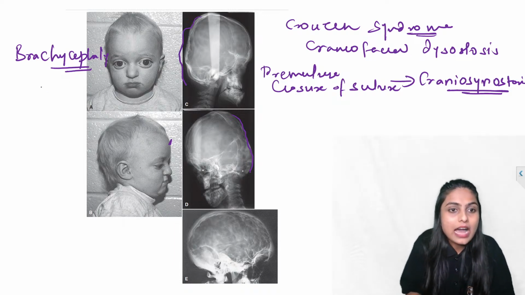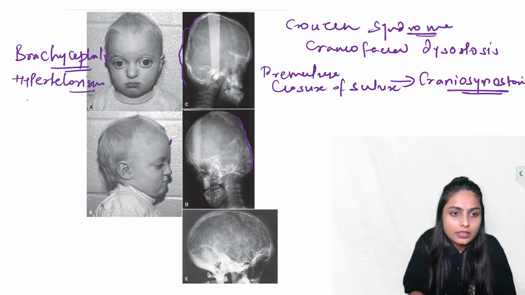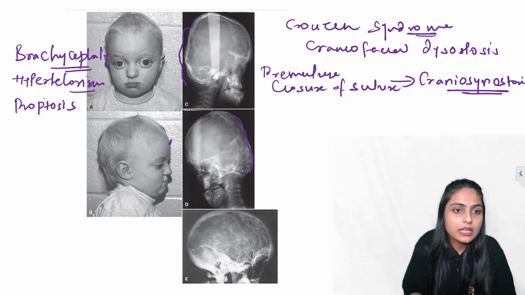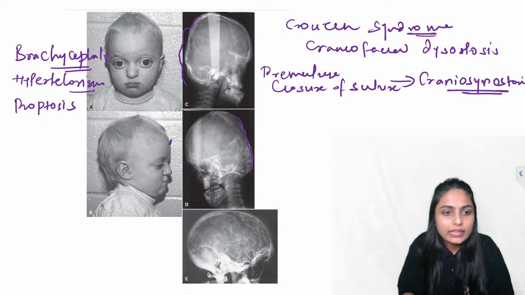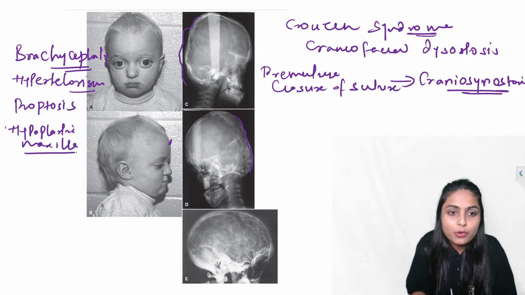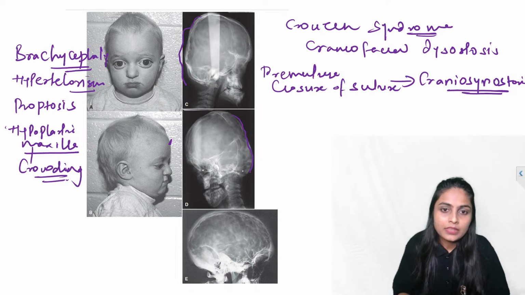Okay, next feature is hypertelorism. Next feature is proptosis. What is proptosis? Bulging of eyes, right? Then related to the oral cavity, hypoplastic maxilla is seen, and due to hypoplastic maxilla, the crowding of teeth will be seen, right?